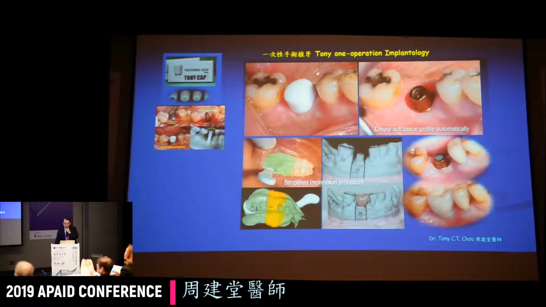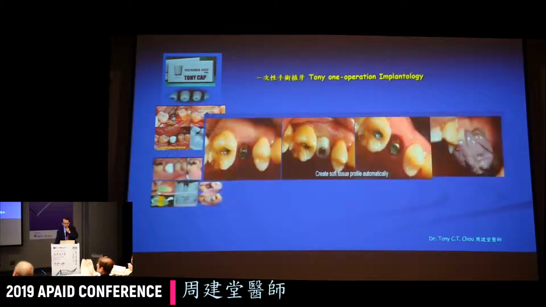Tony Cap gives us many benefits in clinical use, such as in this case. We just put the Tony Cap on for several days, and we got a very nice soft tissue profile. And this makes the following procedure of the final impression and the final prosthetic easy and simple.